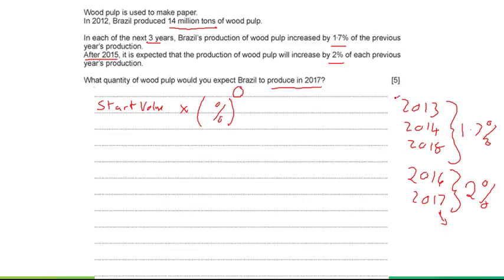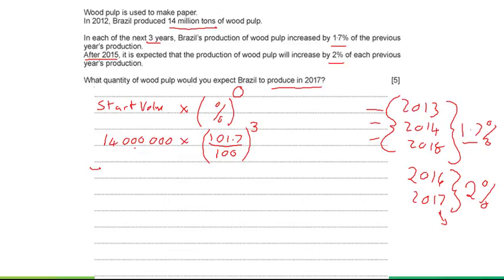So let's first consider 2013, 14 and 15. The starting value from 2012 was 14 million. We multiply that by, well, it's going up by 1.7% a year, but we add the 100% on the starting value, so that's 101.7. Divide it by 100, and then multiply it to the power 3, because we're looking at 1, 2, 3 years.